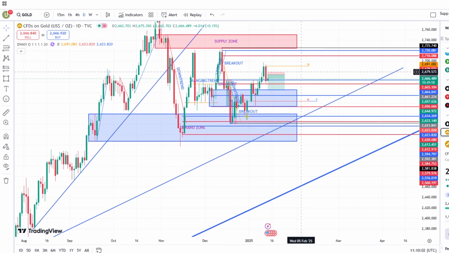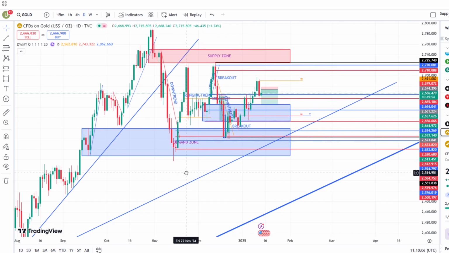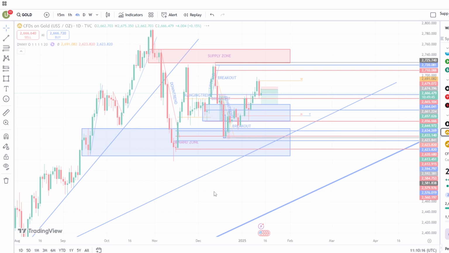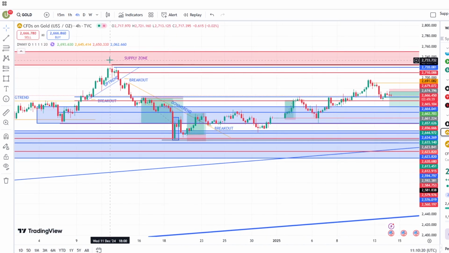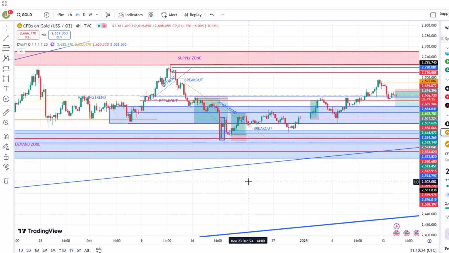Now as you can see here, we had a breakout in our daily time frame, and then on the 4-hour trend we had a breakout, ranging trend, uptrend. We drew that last month already. And then the forecast was this downtrend.